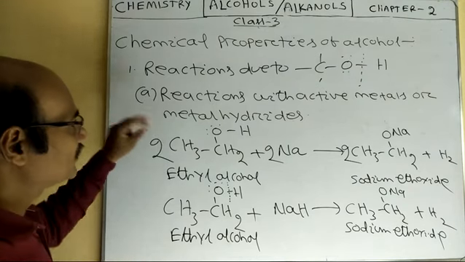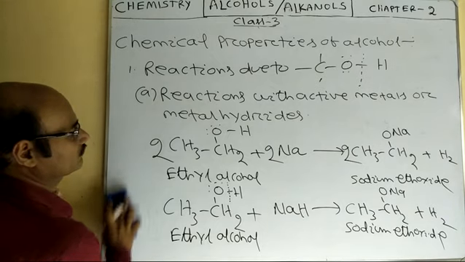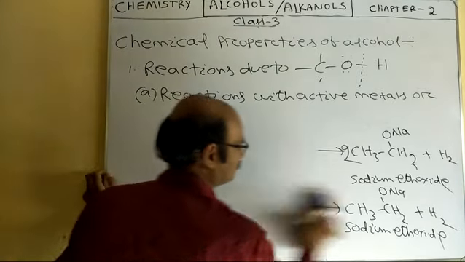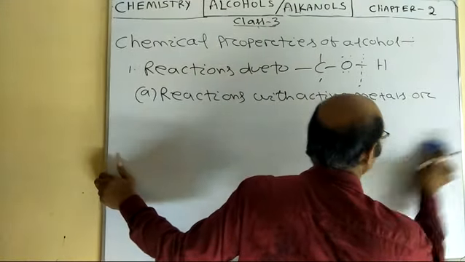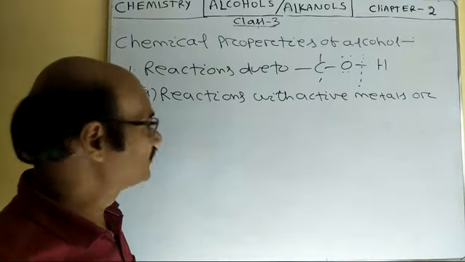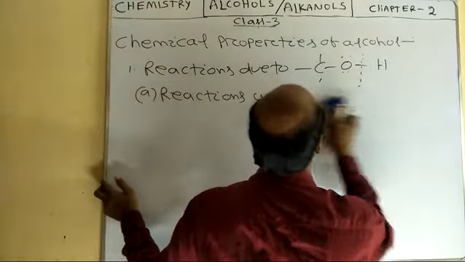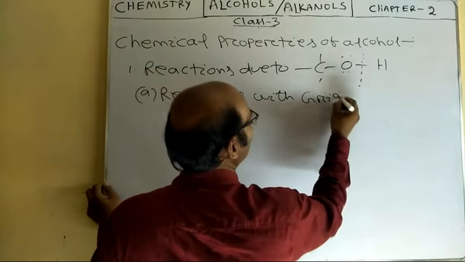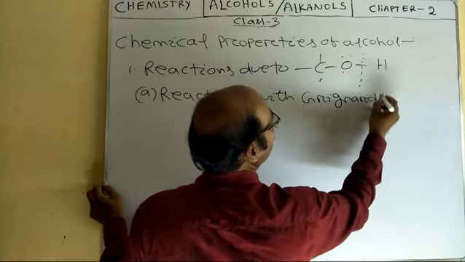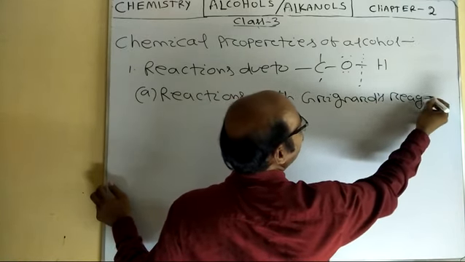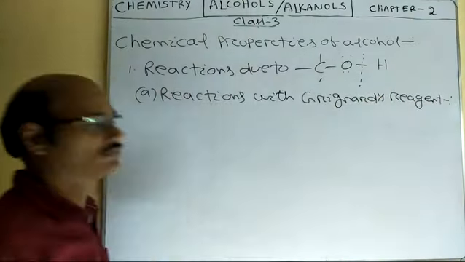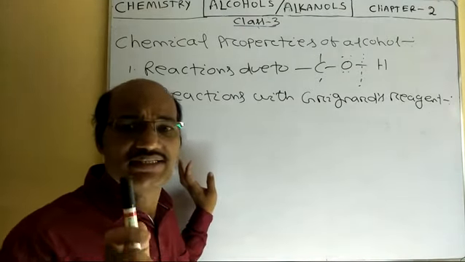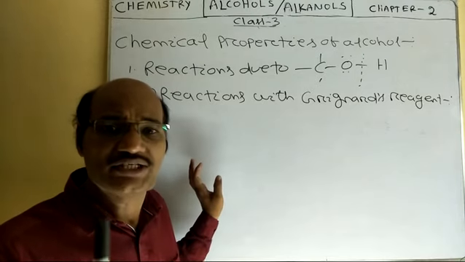Similarly, the next type of reaction is reaction with Grignard's reagent. We know what Grignard's reagents are: alkyl magnesium halides.